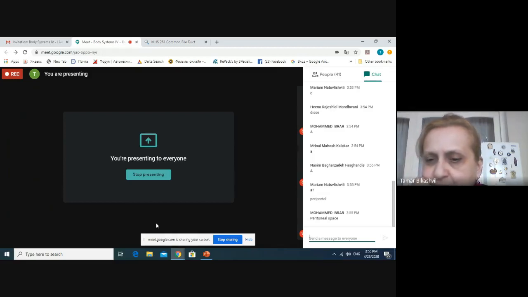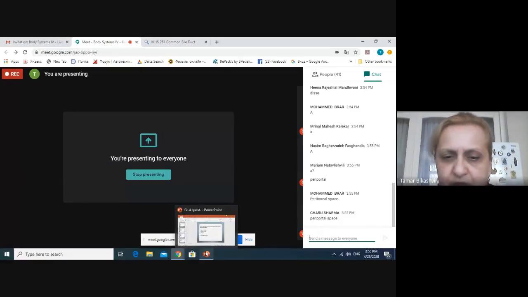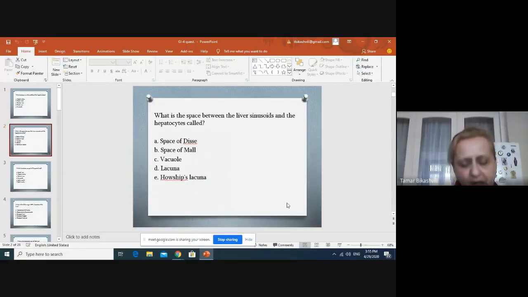Peritoneal space. The space of Mall is the space between the hepatocytes and the connective tissue. This is the space where lymph formation usually proceeds, between the connective tissue cells and the hepatocytes.